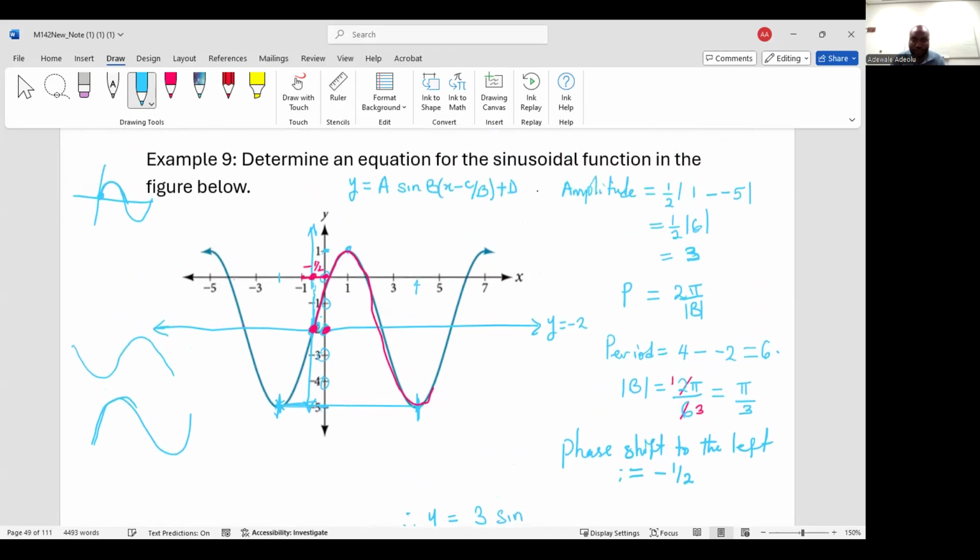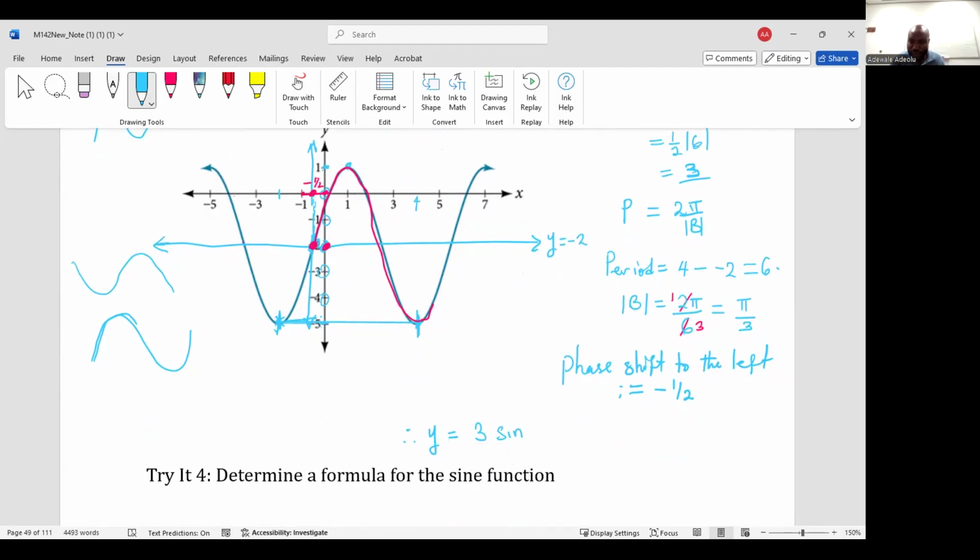My amplitude is 3, so 3 sine. B is pi over 3 into x. Where do I have x?